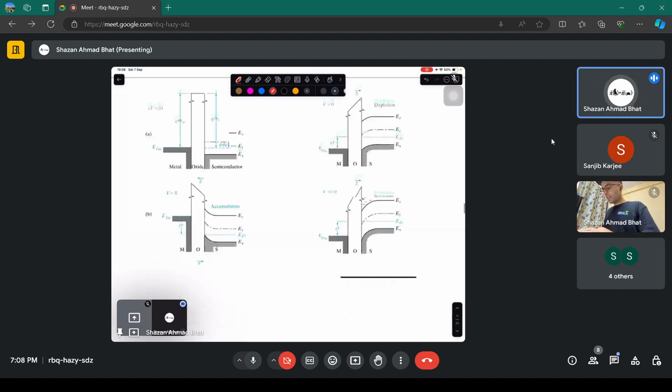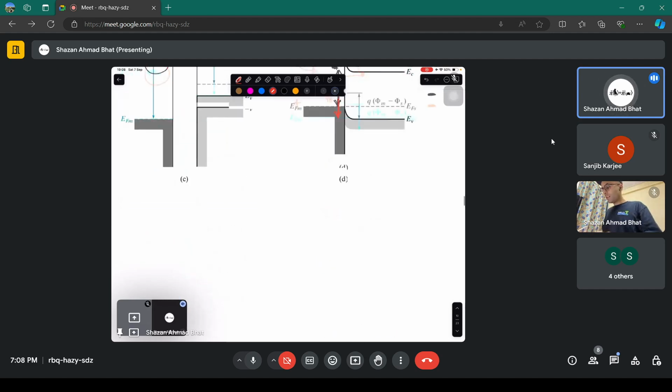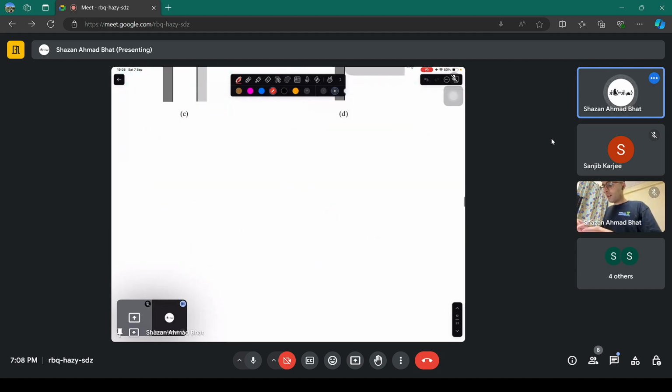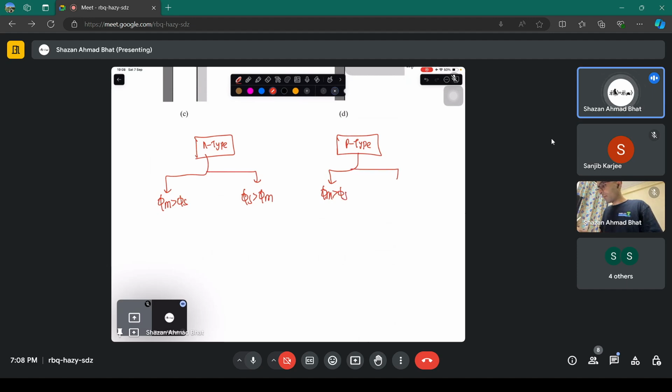And now what is the next scenario? All right, so these are all the scenarios which you have. You have n-type semiconductor, you have p-type semiconductor. What you only need to think is what happens when phi m is greater than phi s, and what happens when phi s is greater than phi m.